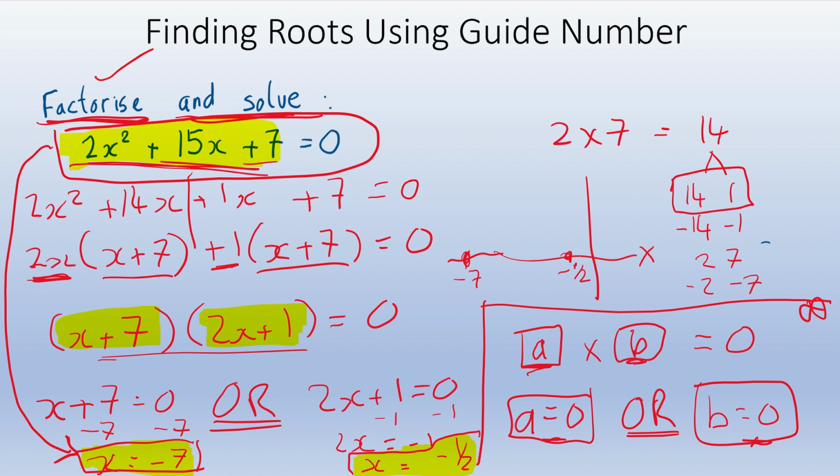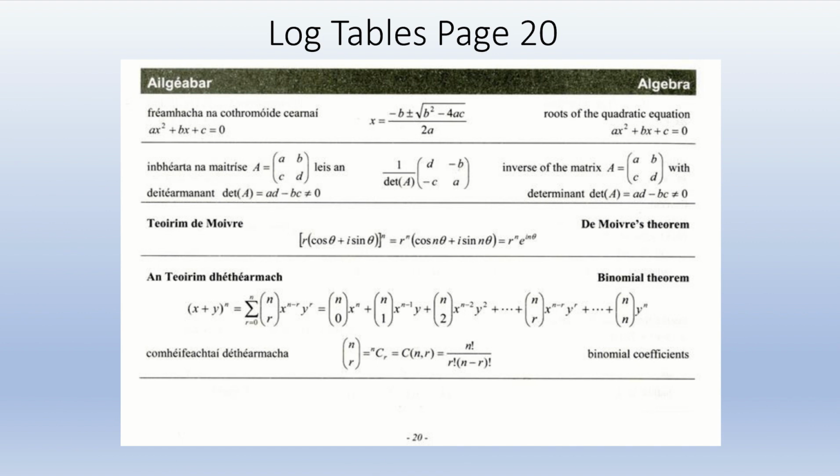Before we do that, we're going to have a look at what the log tables say and what your quadratic formula actually looks like. So on page 20 of your log tables, it looks like this, and the only thing there that you actually need for your junior cert is the top formula. So I'm just going to get my highlighter.